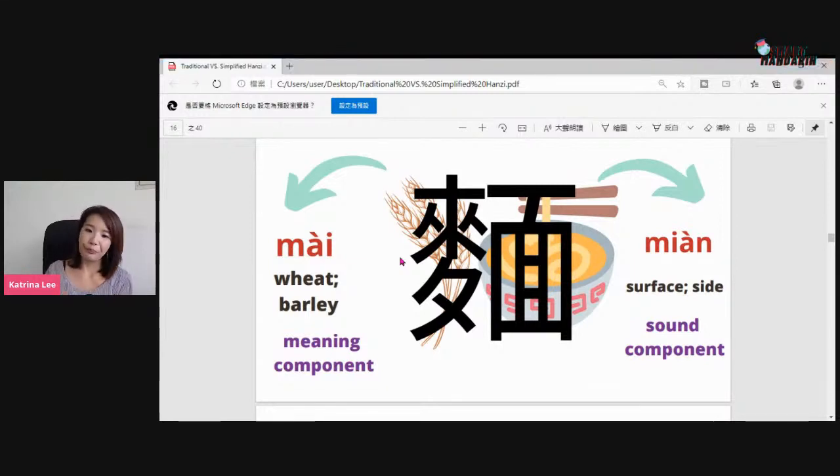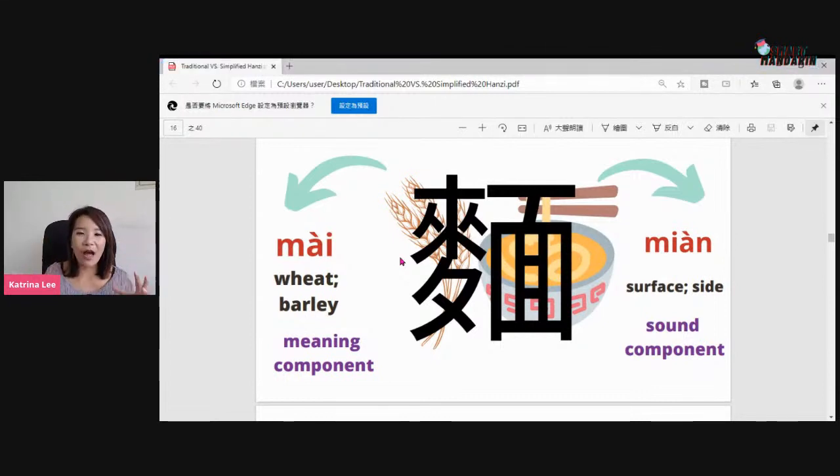So it has nothing to do with noodles. The right component provides the sound, because the whole character is pronounced mian.